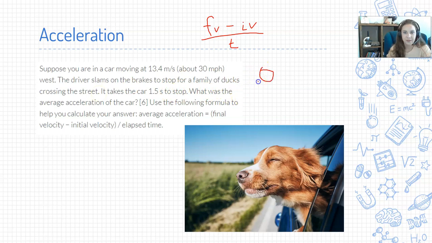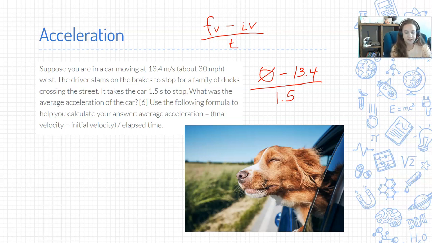So 0 minus our starting velocity. We were moving at 13.4 meters per second. And it told us that we reached that final velocity of 0 in 1.5 seconds. That's our time. So now all we have to do is take our calculator and plug in these numbers.